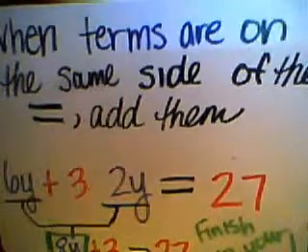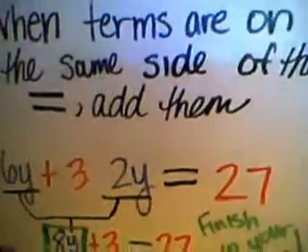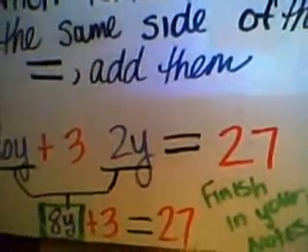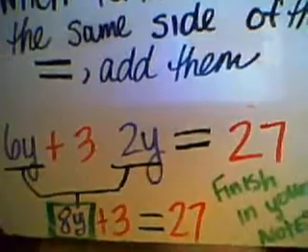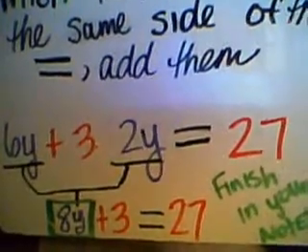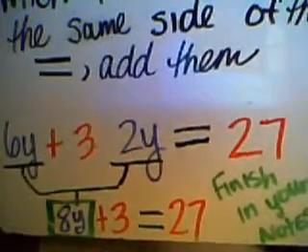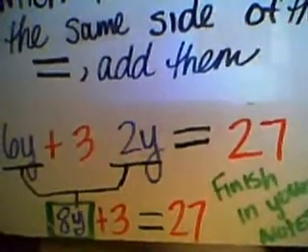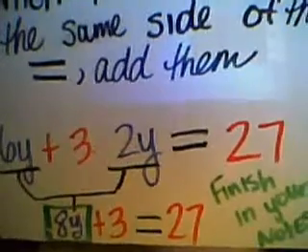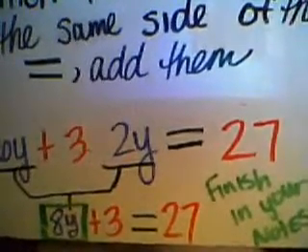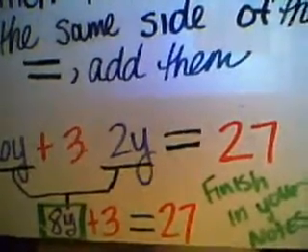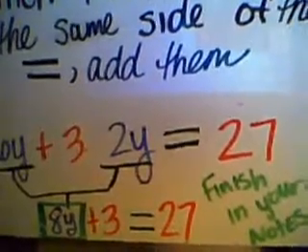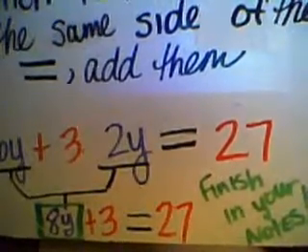We have a 6y and a 2y on the same side, so we'll just combine them right there. That 6y plus 2y would give us 8y. Leave the 3. We can't combine the 3 because it doesn't have a variable. So it can't have the same variable to the same degree as 8y because there is no variable. So they're not like terms. You can't put them together. Just leave it there. 8y plus 3 equals 27.